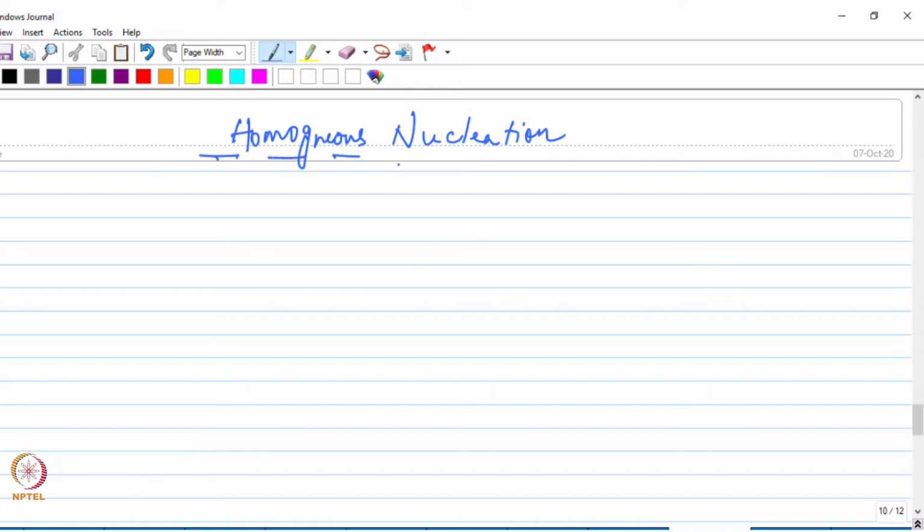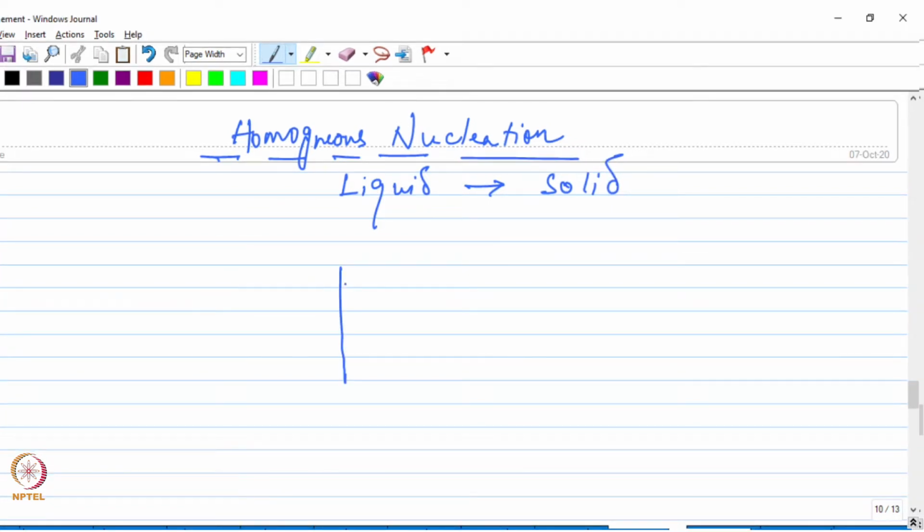So let us restrict ourselves to this solidification phenomenon, that is, this transformation from liquid to solid. And for this, let us consider this diagram where the first particle of the solid is forming from the liquid. So let's say this is the solid which is formed. So above this you have all liquid.